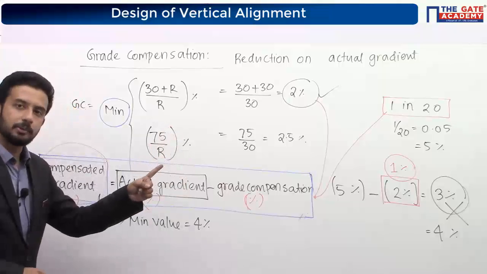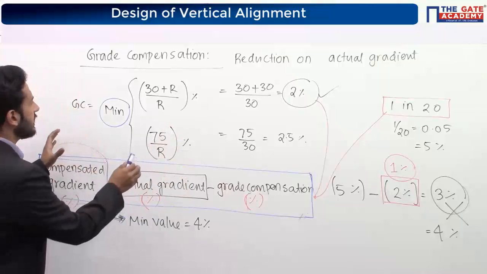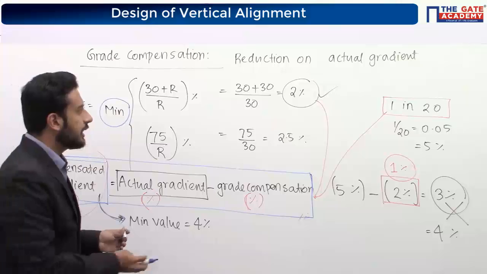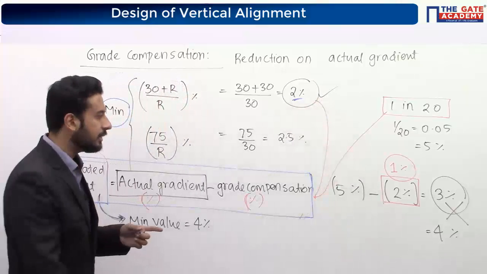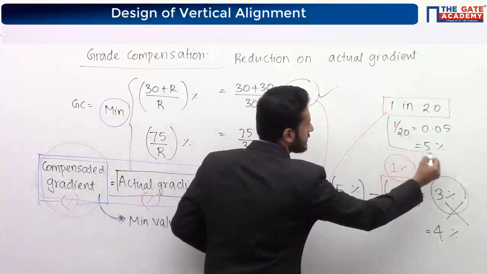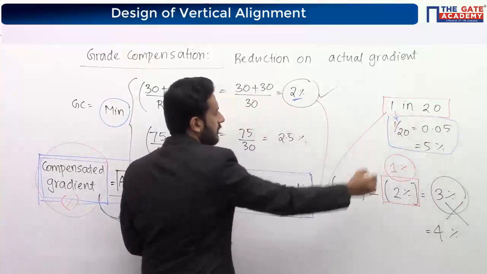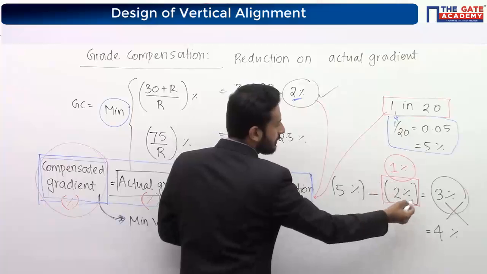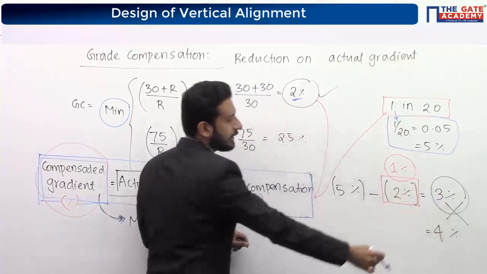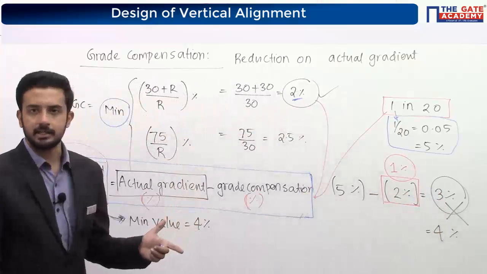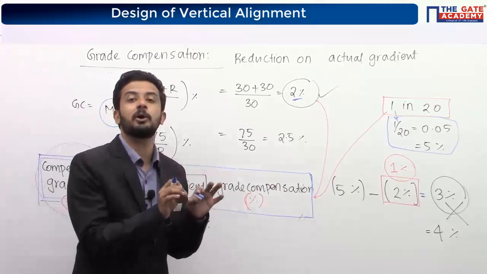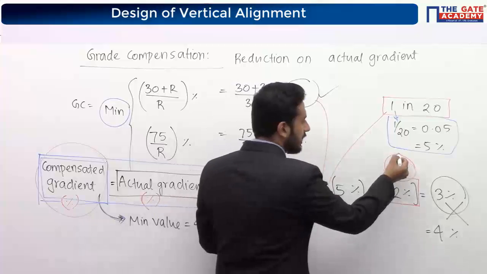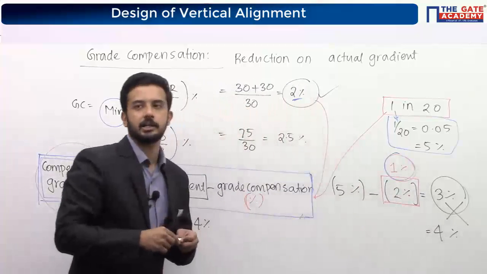You got 2% reduction as the grade compensation. So if you are applying 2% grade compensation, what may happen? Existing gradient is this much, 5%, 1 in 20. So if you are applying 2%, you are going to violate the rule. After subtracting, you can get only 3%. It should be minimum 4%, which means you can give only 1% reduction.